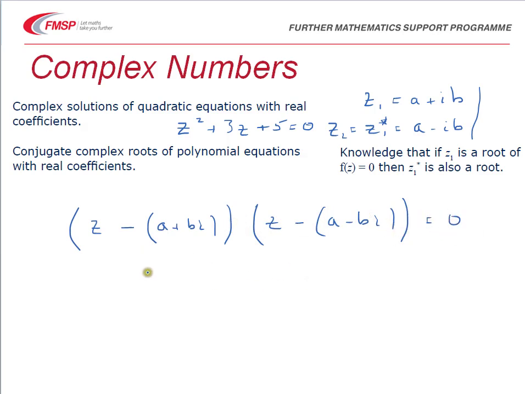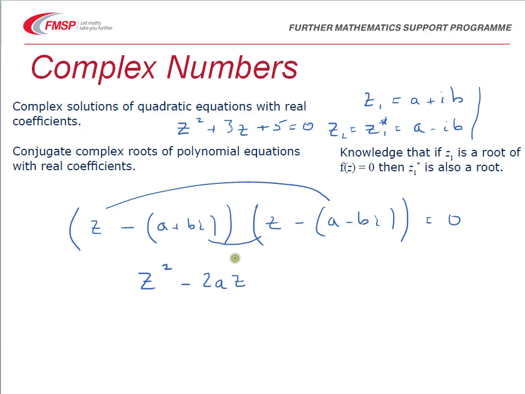When you multiply this out, you will get z squared. The z part coming from here will be minus az from this one and minus az from the multiplication there, so we get minus 2az. The imaginary part of that multiplication disappears again because we've got minus bi z here and plus bi z here.